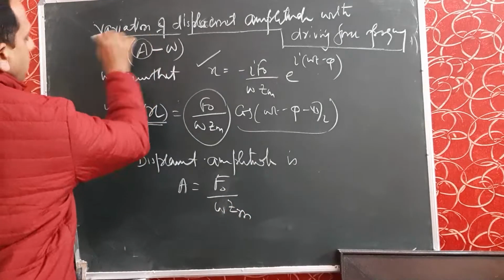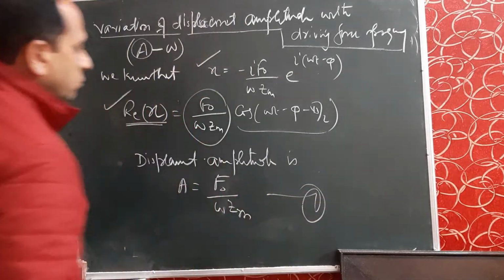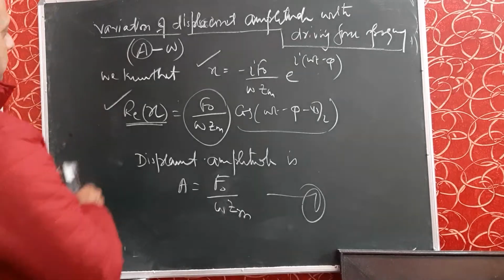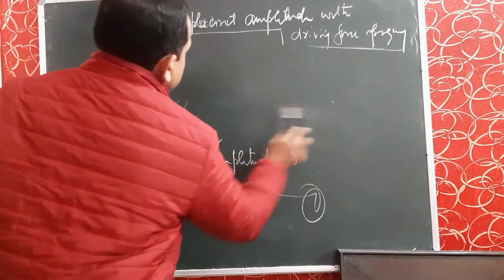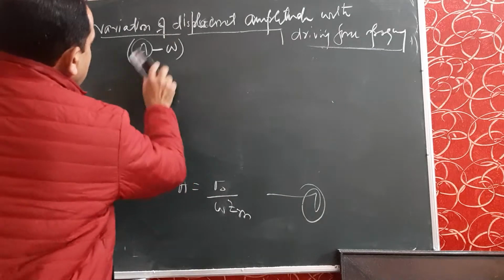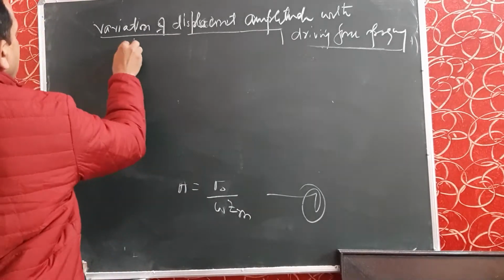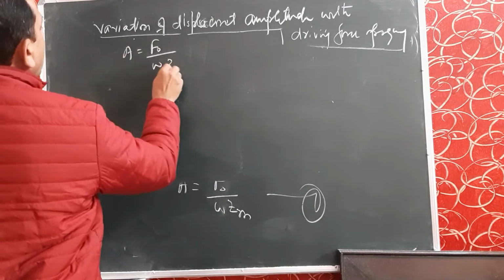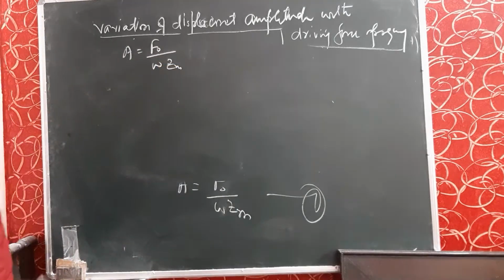So, this is our A. This is equation number 1, F naught upon omega Zm. Here Zm is the mechanical impedance.